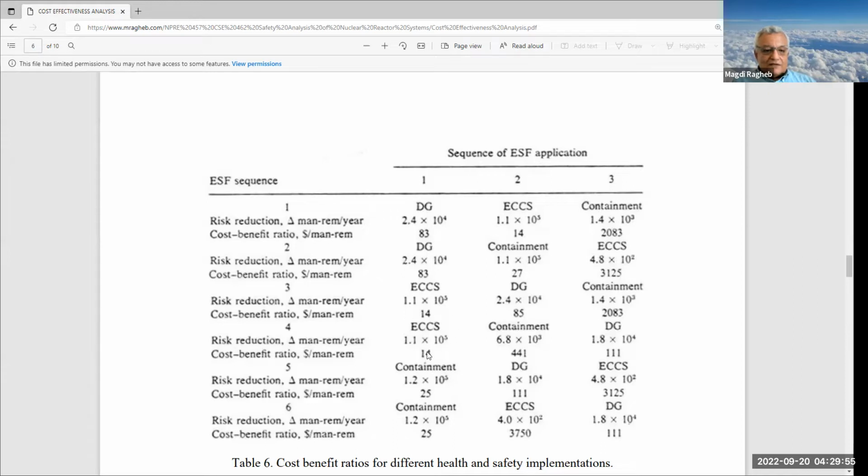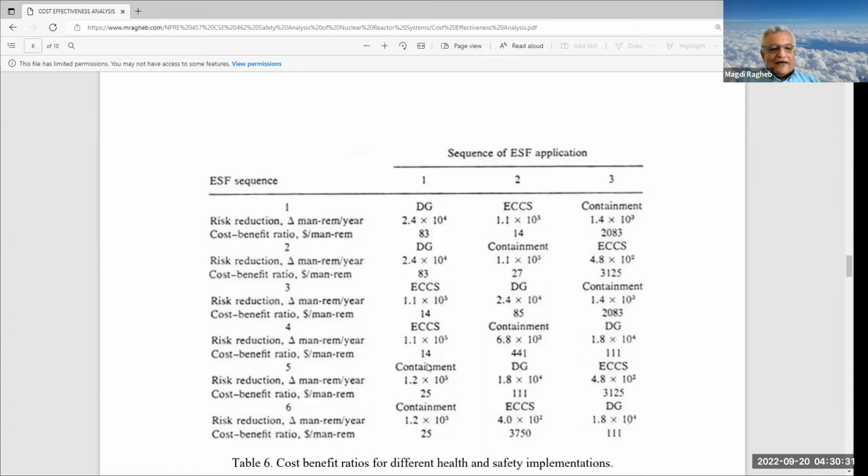We considered that case here where the emergency core cooling system is added first, and you could see that the cost-benefit ratio is in the range of, let's say, 1.1. This is 10 to the 5th, so it's 1.1 million. Sorry, I think the risk reduction is 1.1, 10 to the 5th, but the cost-benefit ratio, as we calculated it, was 14 and 14.